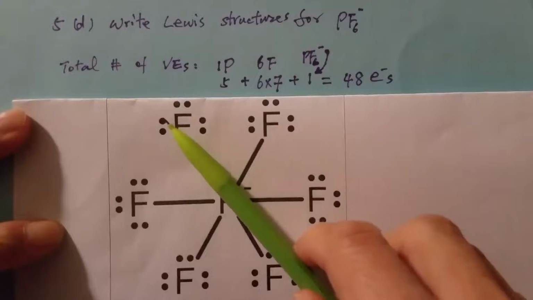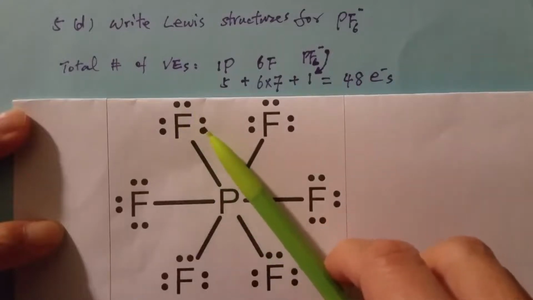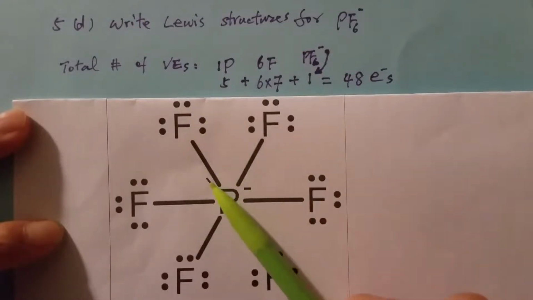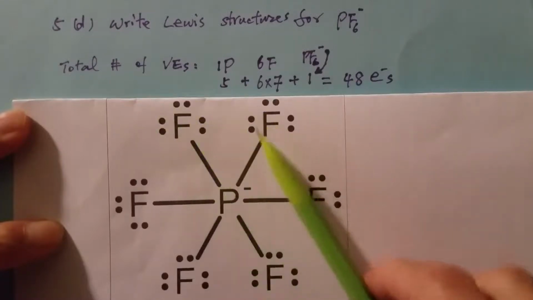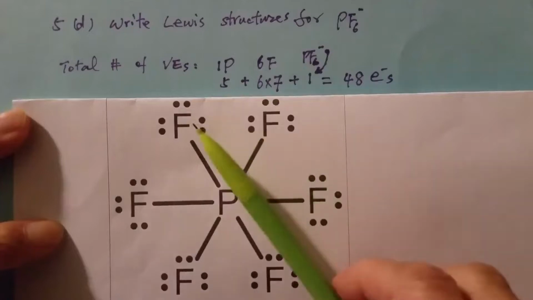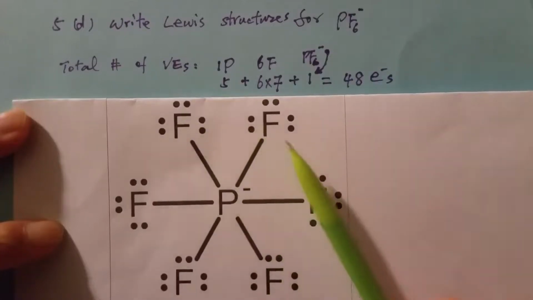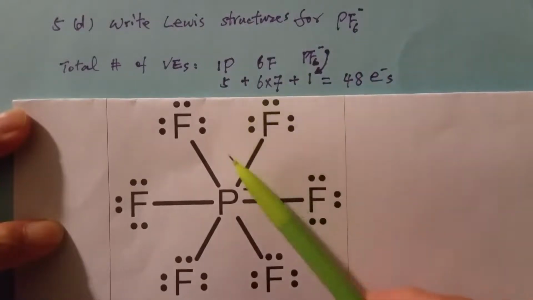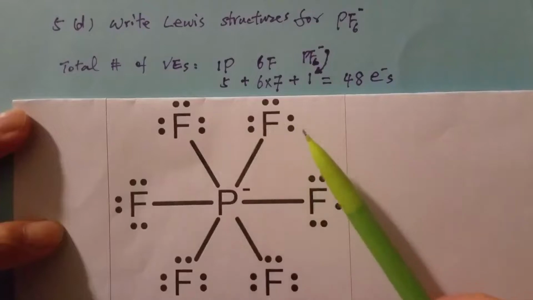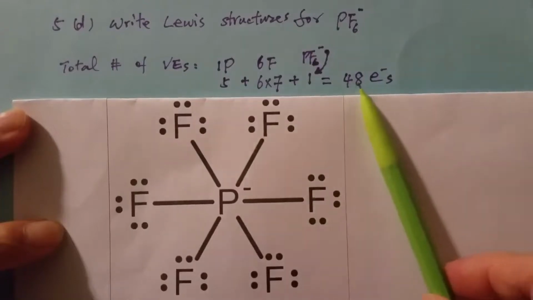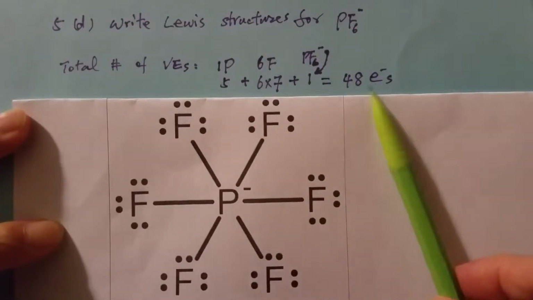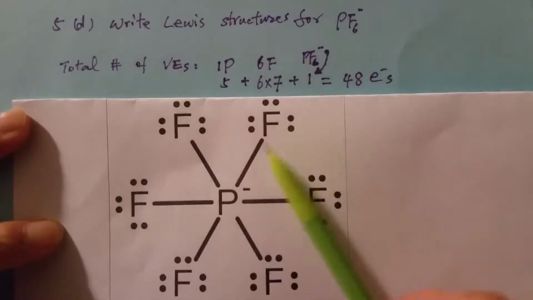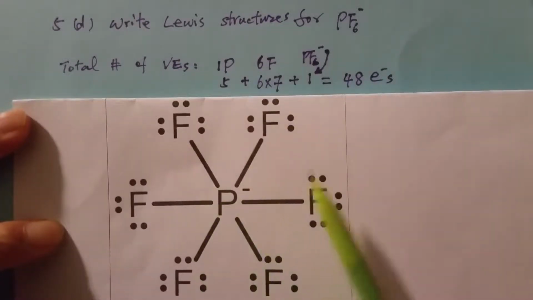So you place 3 lone pairs plus 1 bonding pair, and that's 2 times 4, 8 for each. Now we have 6 fluorines, 6 times 8, so that's also 48 electrons. So all 48 electrons are assigned so far.